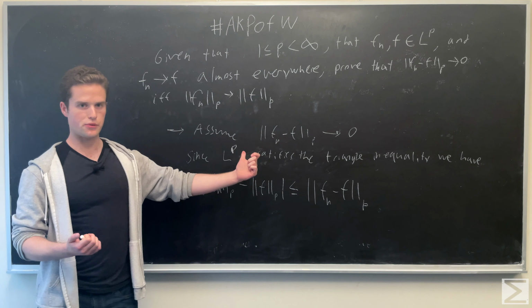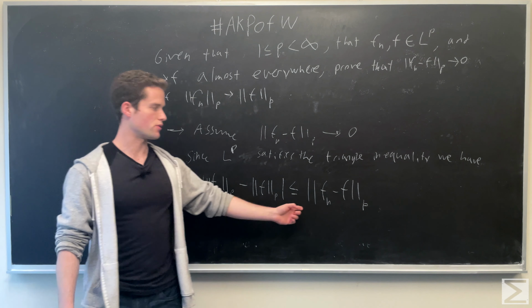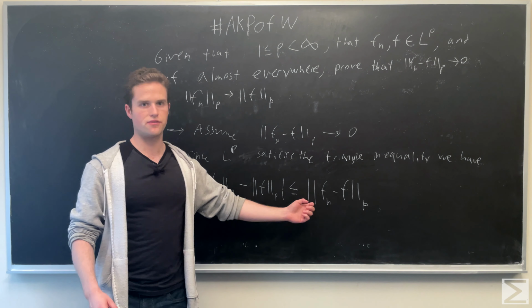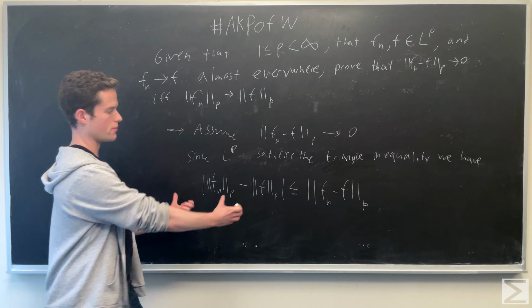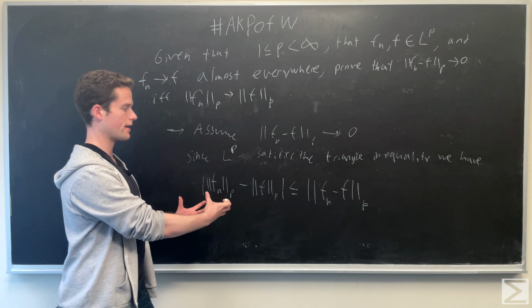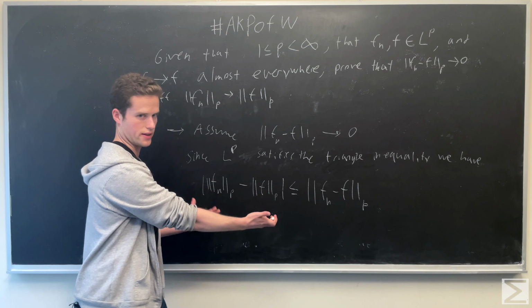So by the triangle inequality, we can kind of reverse it. So you have the norm of f_n is less than or equal to the norm of f_n minus f plus the norm of f. From there, we can get this upper bound on the difference of the norms. This is essentially just the triangle inequality kind of turned around.